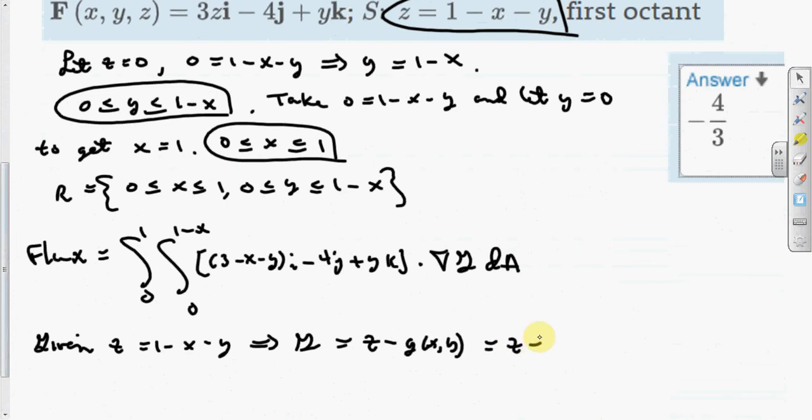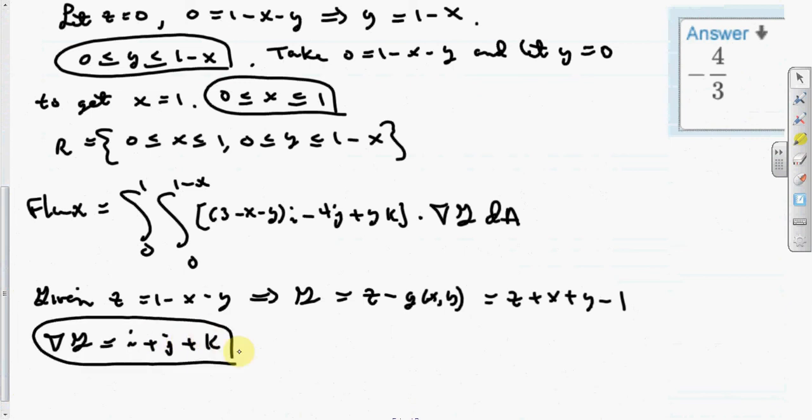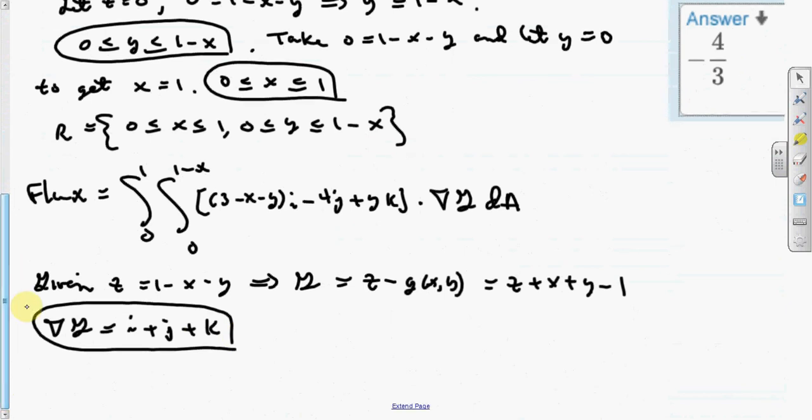That is z plus x plus y minus 1. I find its gradient. The gradient of g is i plus j plus k. Everybody with me there? So now I go back to that flux.